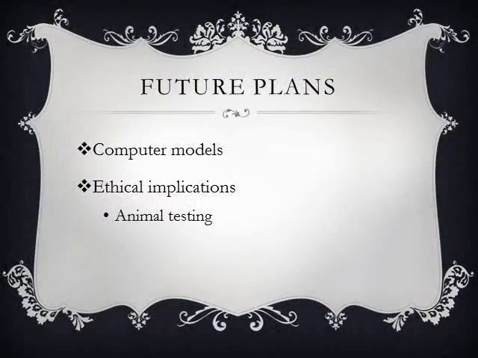There are plans incorporated with the drug interaction models because the future is so bright for this technology to develop. In the future, these computer models can be customized. They want to be able to customize these computer models with individual patients' traits.